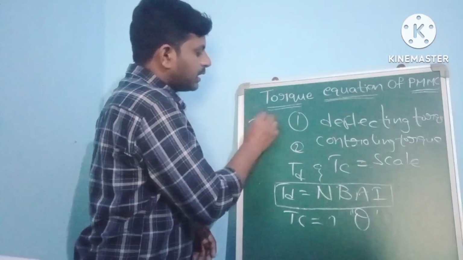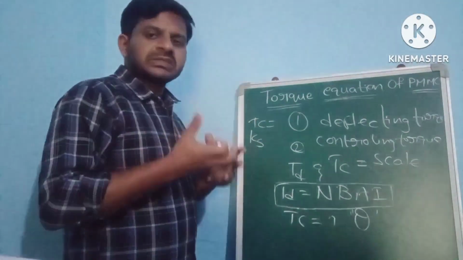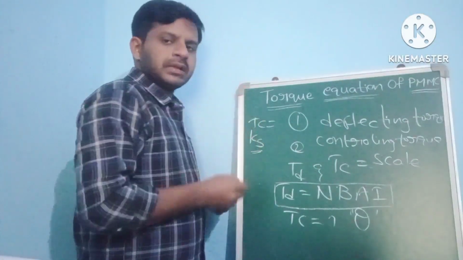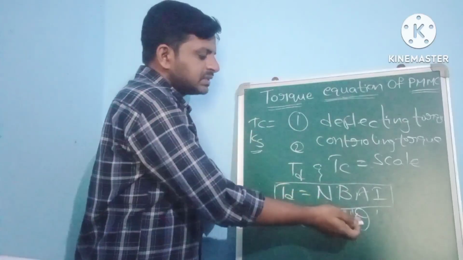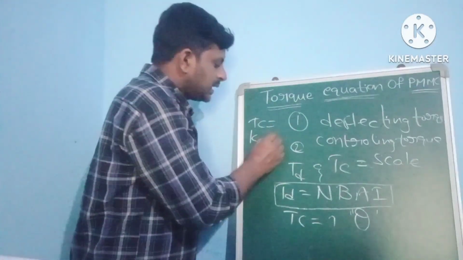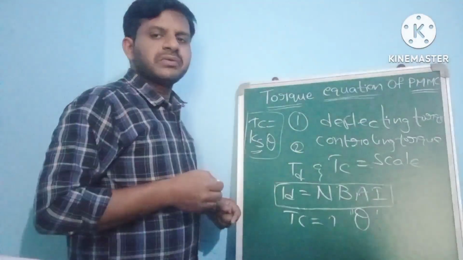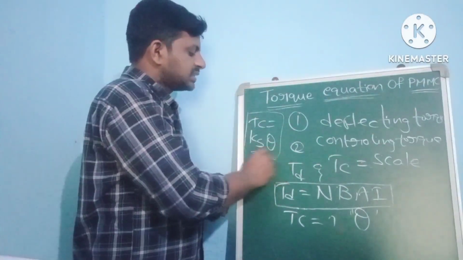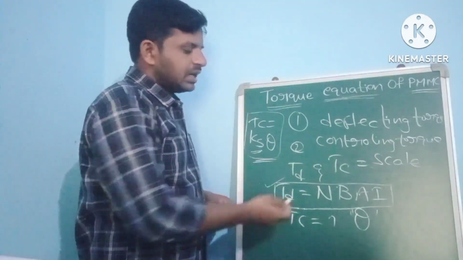TC is equal to the spring constant, Ks, where S means spring and K is the constant, multiplied by the angle of the pointer, theta. Therefore, the controlling torque is TC = Ks theta. This is the formula for the controlling torque, and the previous one is the formula for the deflecting torque.